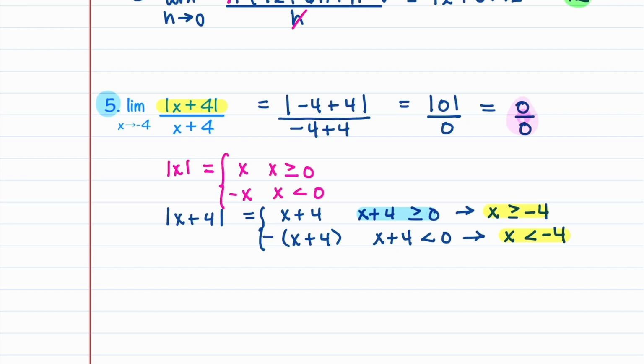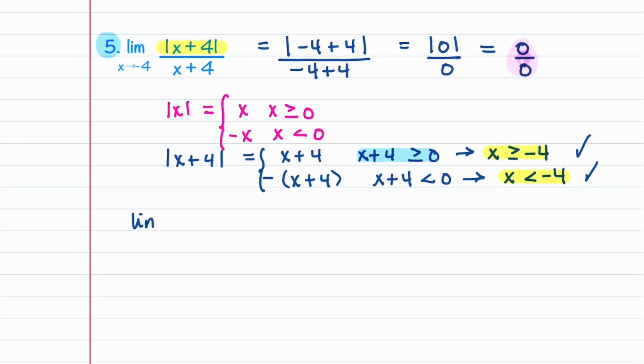I'm going to highlight these because we're going to need that. We're going to break up this limit into our left-hand piece and then our right-hand piece. Let's look at the limit as x approaches -4 from the left. That's going to be this piece right here because x is less than -4.